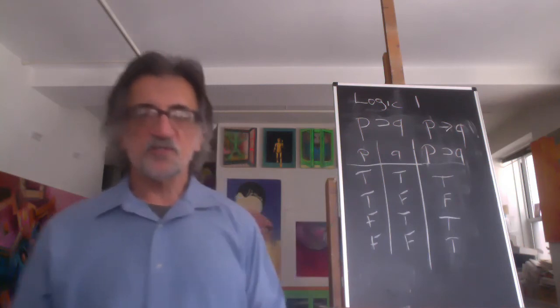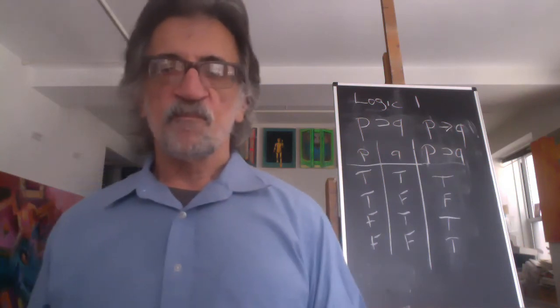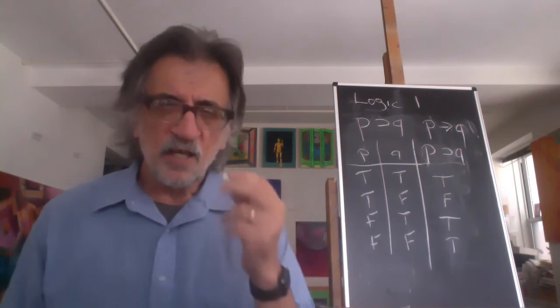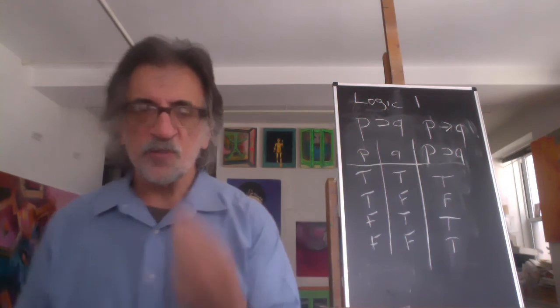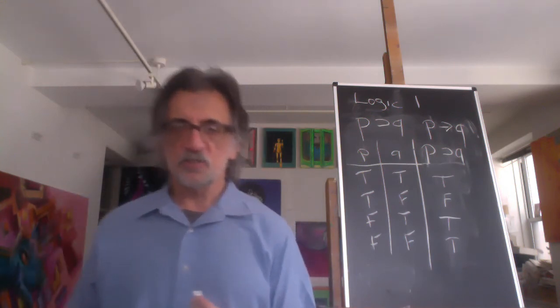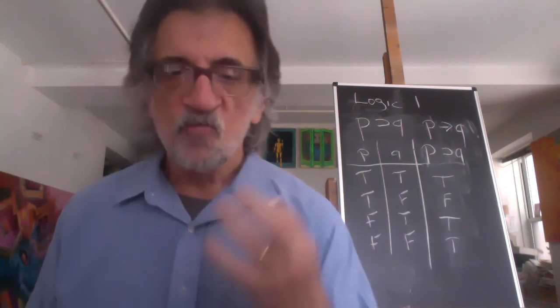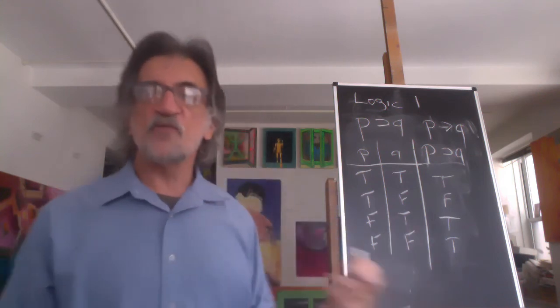People sometimes find this unsatisfying. Again, we're not capturing everything that we normally say with if and then in ordinary English in a conditional. We have to give it some meaning. Why do we give it this meaning?